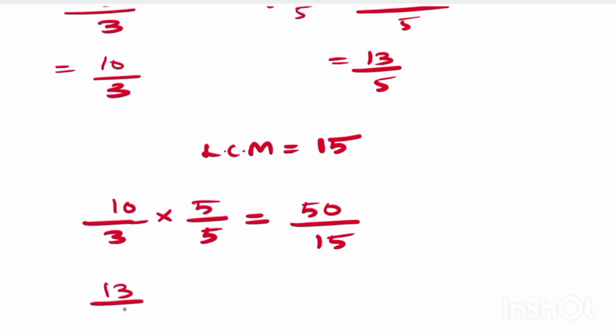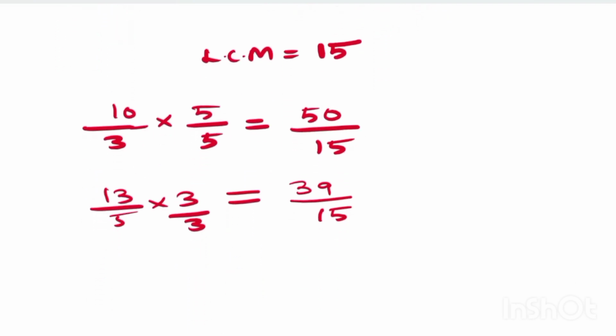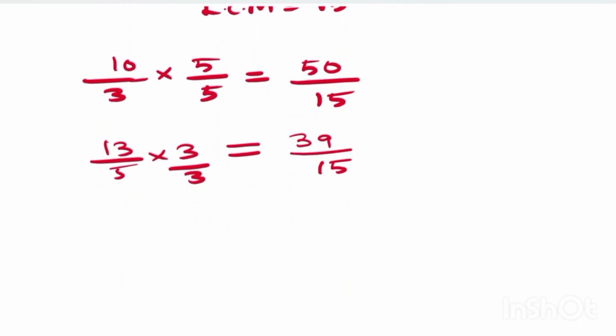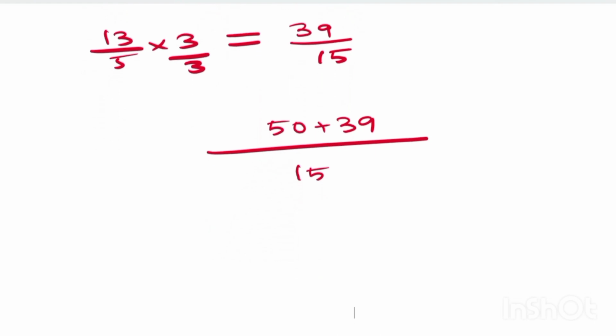Here 13 by 5 into 3 by 3, so you will get 39 by 15. Now you have arrived at two fractions with the same denominator, that is, two like fractions. So you can just take the denominator as common and add 50 plus 39. What is 50 plus 39? It comes out to be 89, which is equal to 89 by 15.